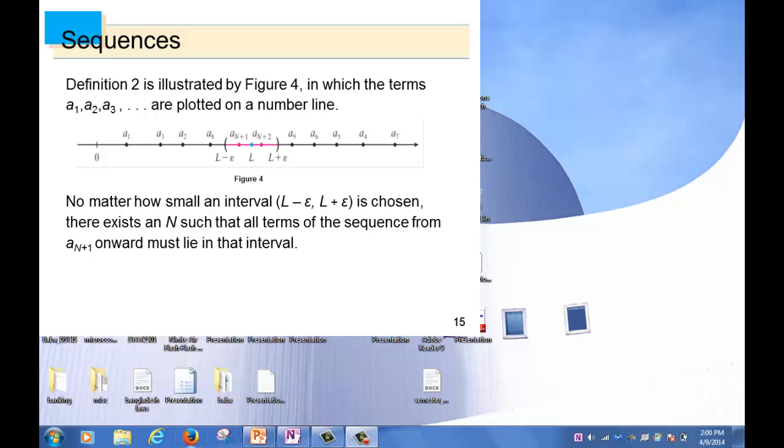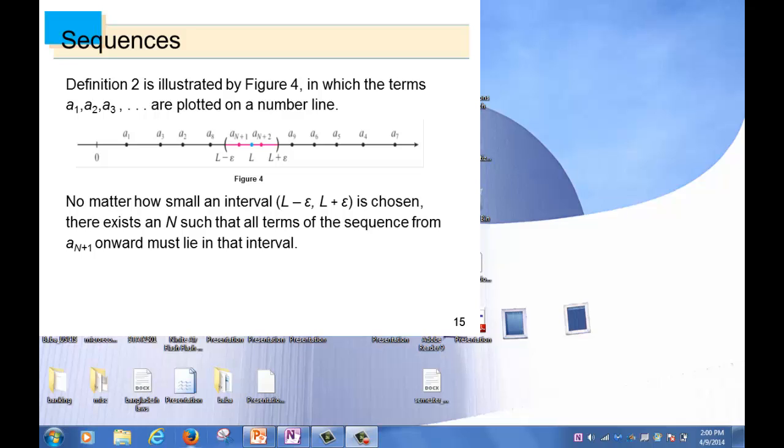If you give me a very small number epsilon, then I can choose a large value of capital N such that all the terms of the sequence after the capital Nth term, a_{N+1}, a_{N+2}, and so on, will be within epsilon of L. Now, if you choose a smaller and smaller epsilon, you might have to pick capital N bigger and bigger.